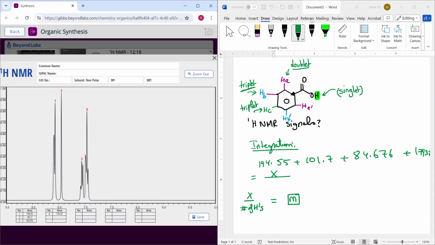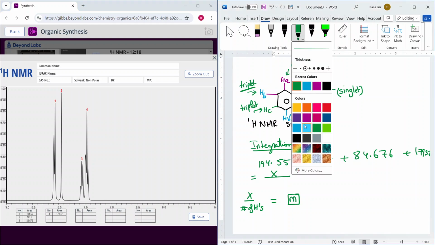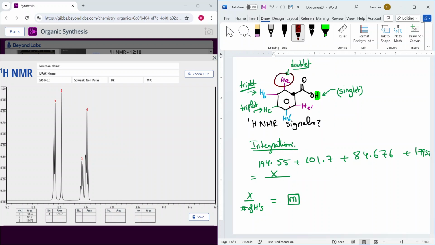Now, HA over here is the closest to the oxygen, to the carbonyl. So I'm expecting this HA, which is proton A, to be the most de-shielded. The most de-shielded means that it is pushed further downfield.